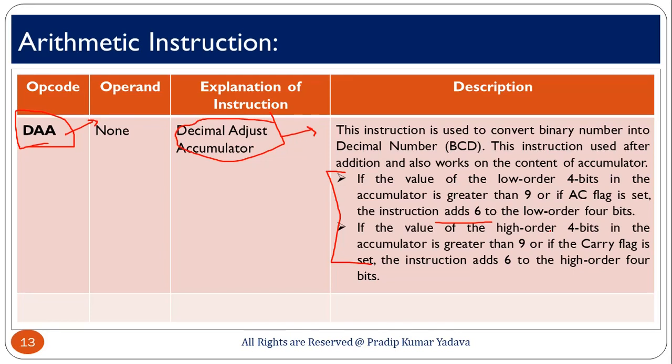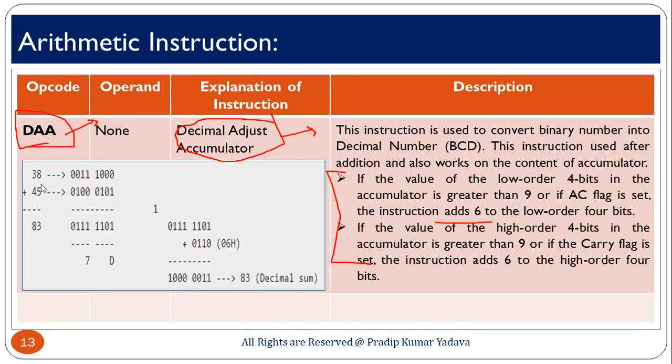Now, just take a simple example. Here you can see two numbers, 38 and 45. If you add these numbers, we will get 7D. Okay. Now, this is lower and this is higher.